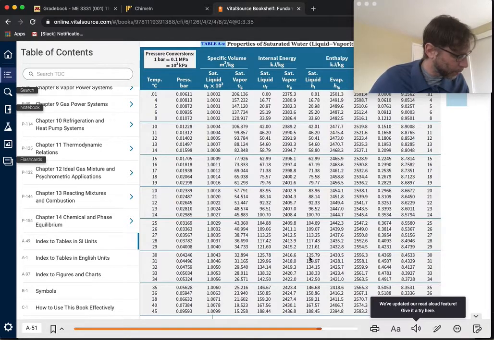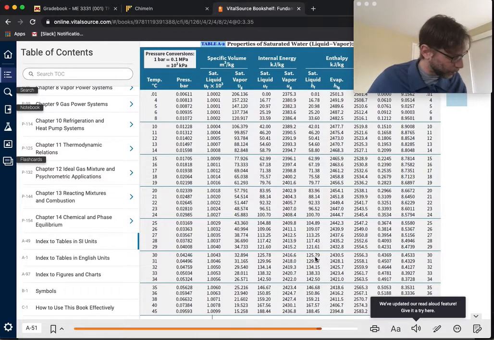Kilojoules per kilogram, and h6 is at 30 degrees C, which is down here. Oh shoot, I'm sorry. So what is it? h6 is at 30 degrees C, and that's 125.79 kilojoules per kilogram.